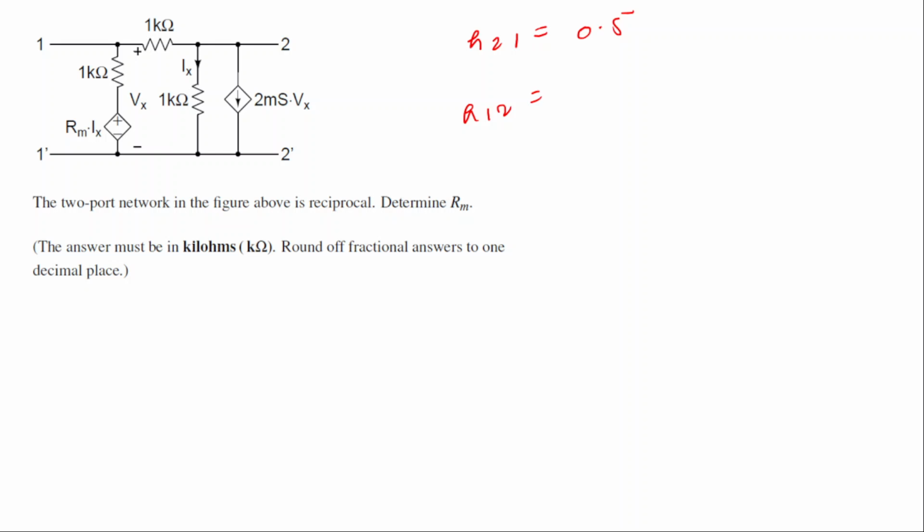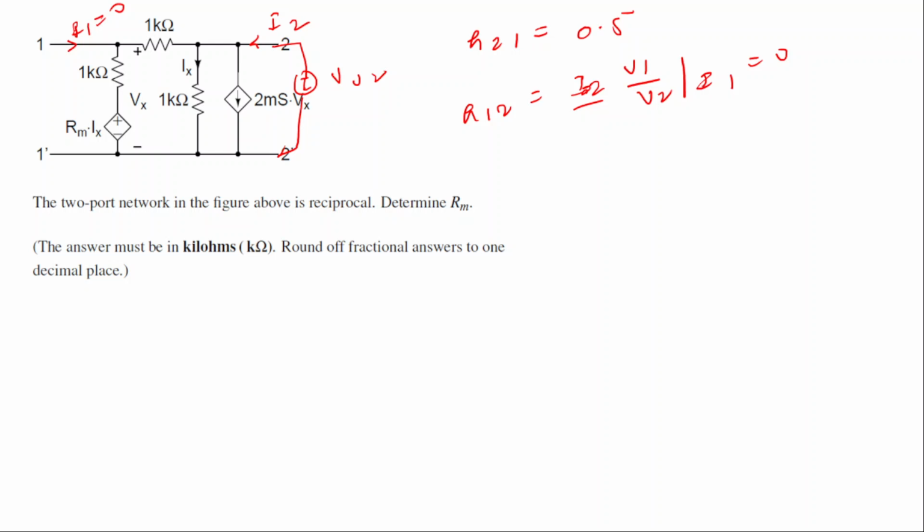H12 is V1 by V2 provided that I1 equals 0. So I1 is 0, so this terminal will be floating, and we have applied the voltage source of V2 at this terminal, and the current flowing is I2.